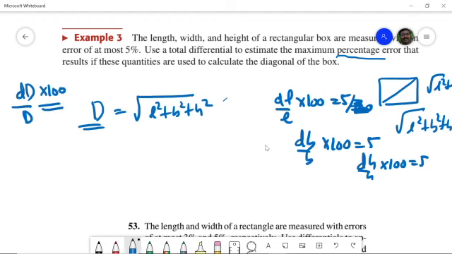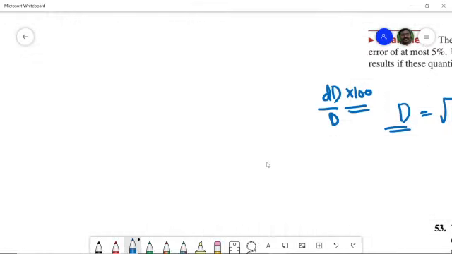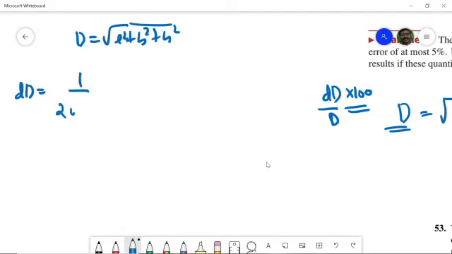So we know that the value of D is root of L square plus B square plus H square. So first let us compute dD. D is root of L square plus B square plus H square, so dD has the term 1 by 2 root of L square plus B square plus H square into 2L into dl.